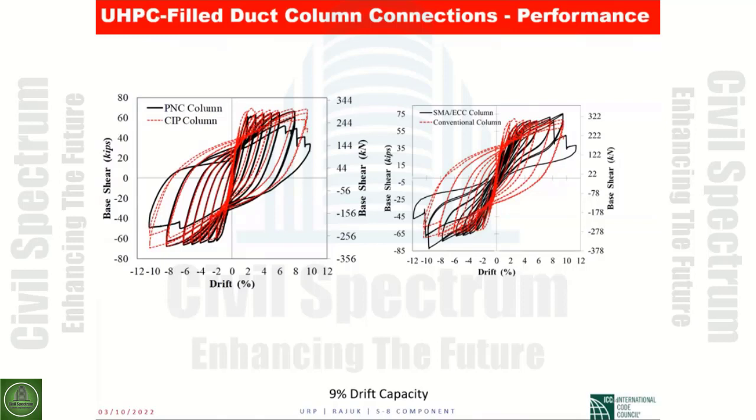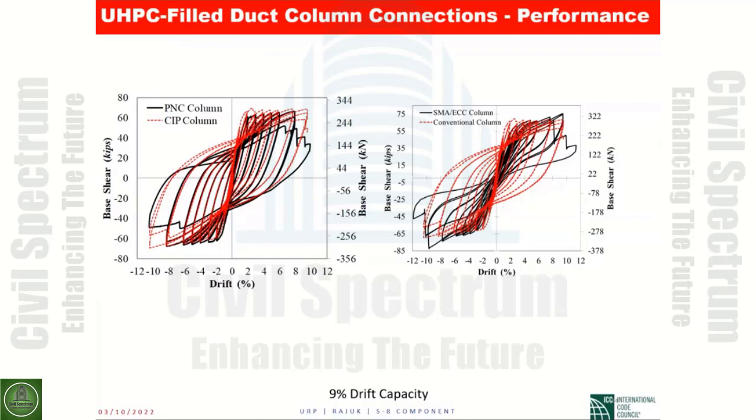The black curve on the left side represents a precast column. Again, conventional material, but precast column, the difference being that the connection was through the grouted ducts. So you notice that we were able to accomplish the strength and pretty much the ductility that we had measured in the cast in place column.